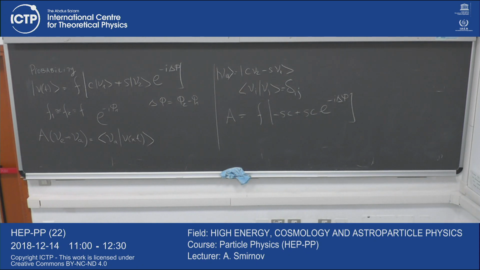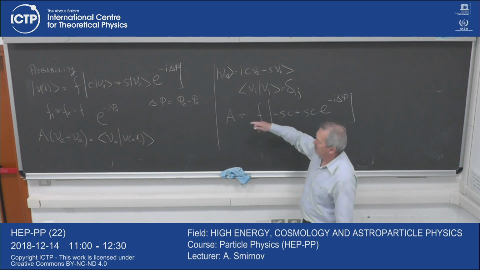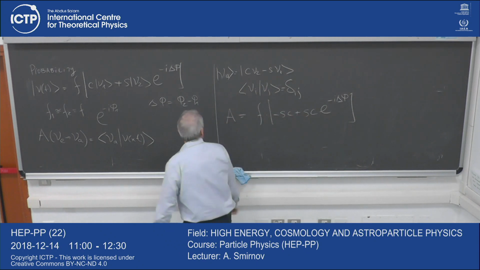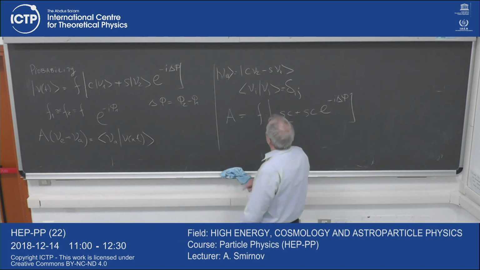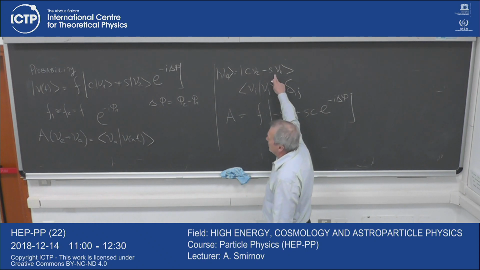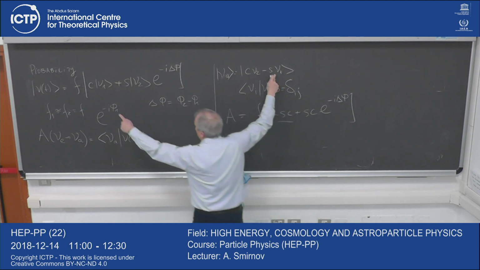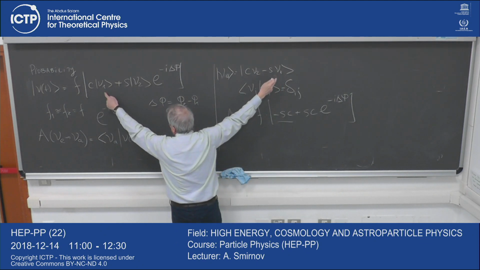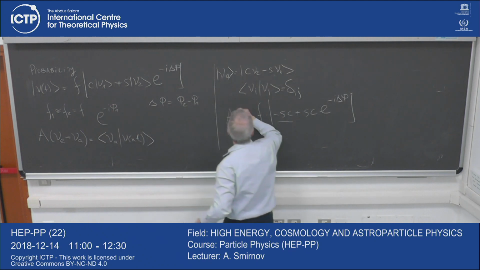Okay, let me now explain different terms here. So F is clear, it just comes from this nu T. Now the first term comes when I take nu 1 here and nu 1 here. So I need, of course, to take the same mass states here and here because of orthogonality.